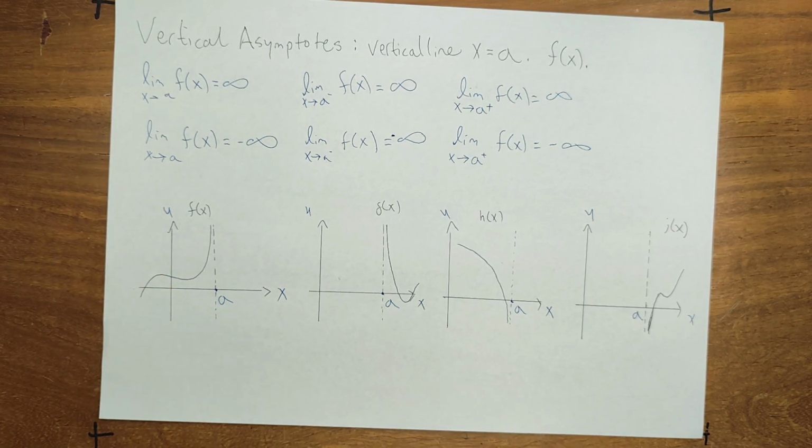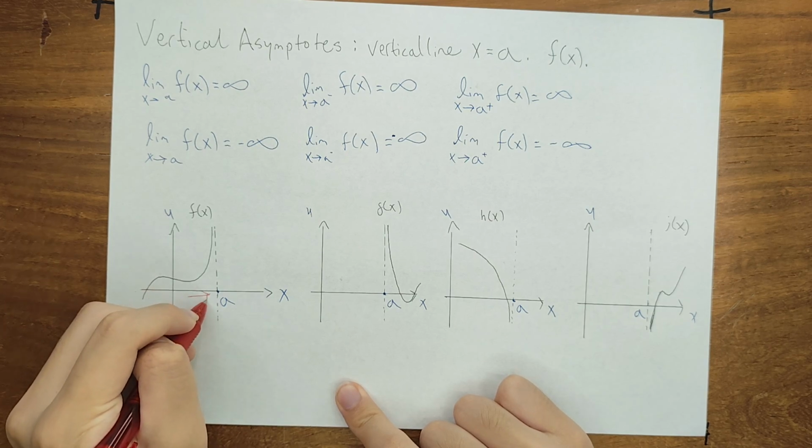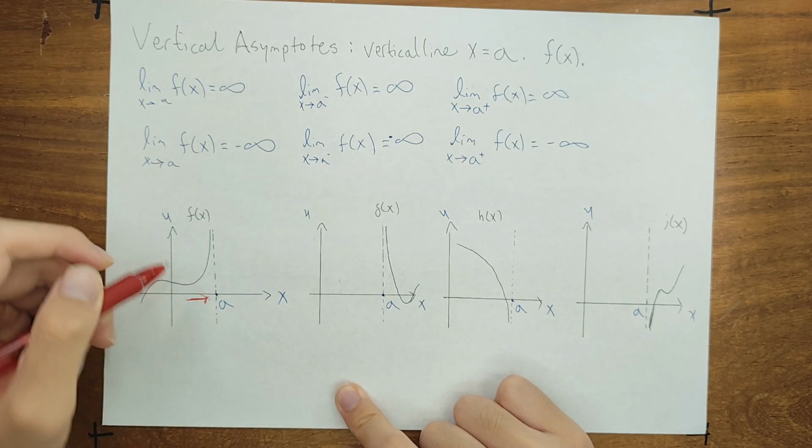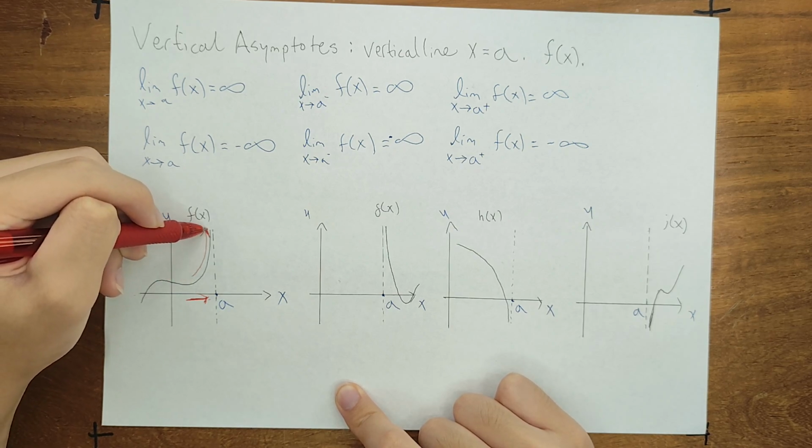So let's look at f(x). This function is approaching a from the left. We can see that here, approaching a, it's getting very, very large.